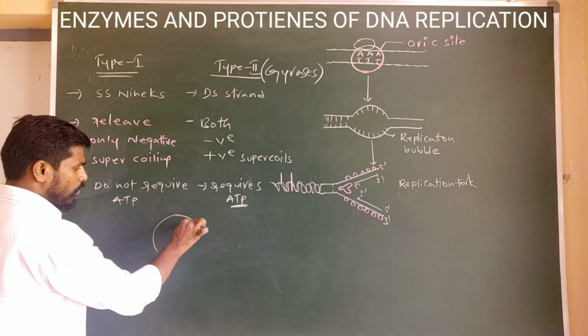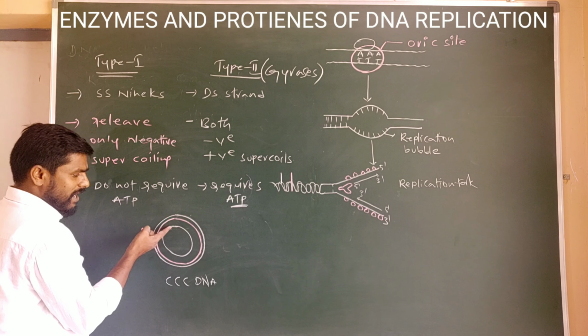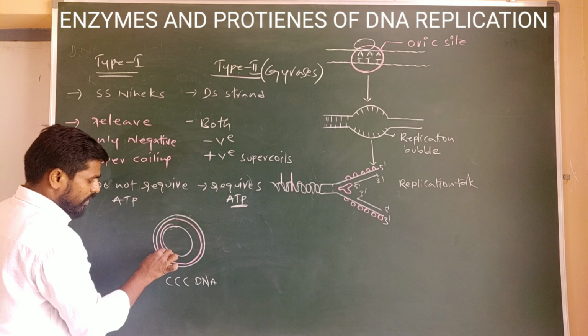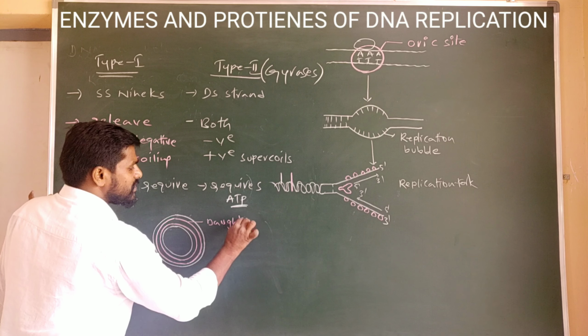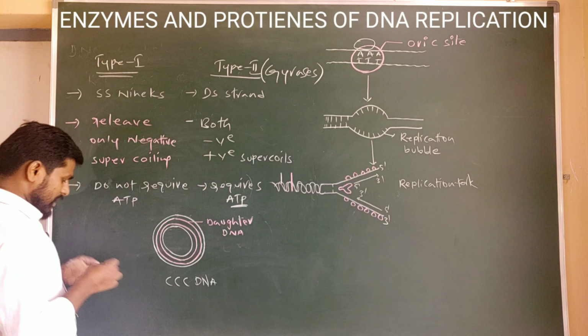So this strand synthesizes a new daughter DNA strand like this, and this parental strand also synthesizes a new daughter DNA strand like this. So this would become a daughter DNA molecule, and this is a parental DNA.